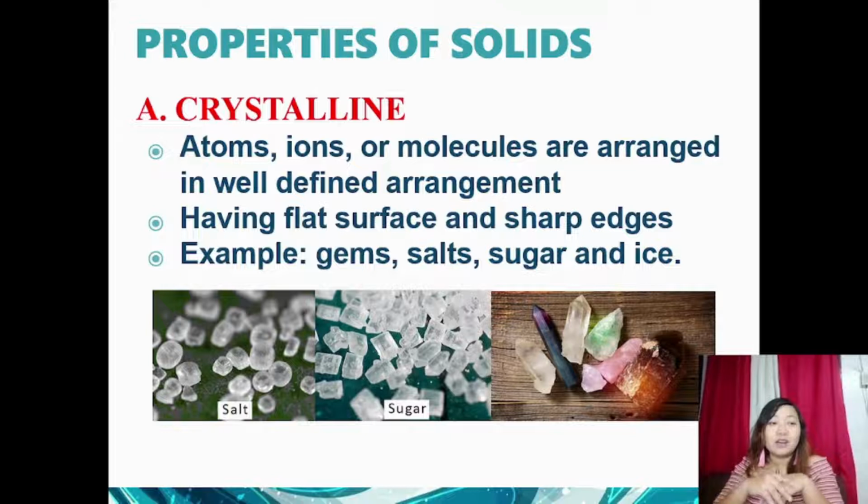Crystalline solids are solid materials whose components such as atoms, ions, or molecules are arranged in an orderly manner. So it has a well-defined arrangement. It has a flat surface and sharp edges. Examples of which are salt, sugar, and some gems.